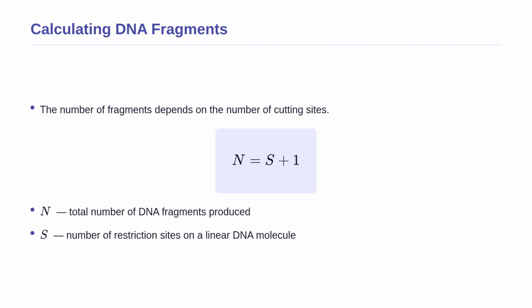Here, n represents the total number of DNA fragments produced. S represents the number of restriction sites, or cutting locations, on a linear DNA molecule. If a mutation increases the number of restriction sites, S, the total number of fragments, N, will also increase, and their average length will decrease.